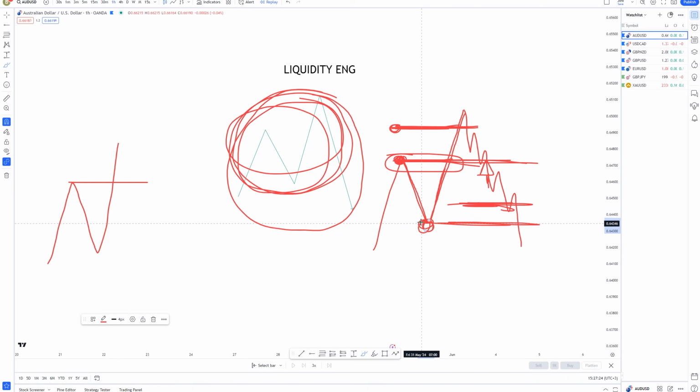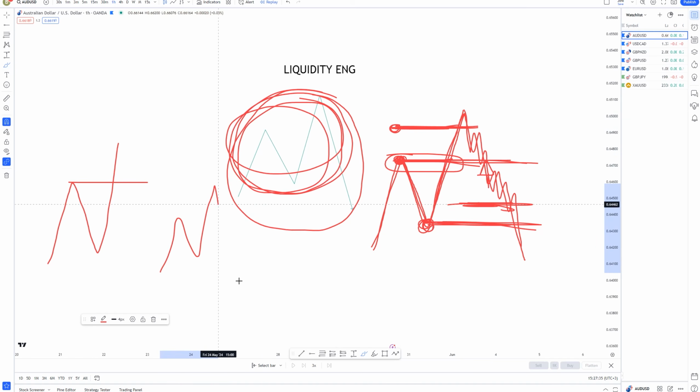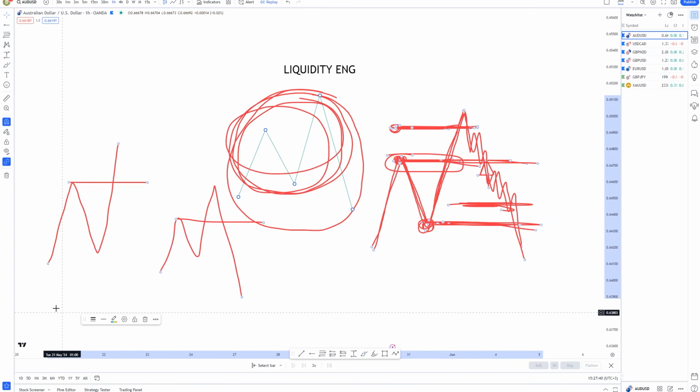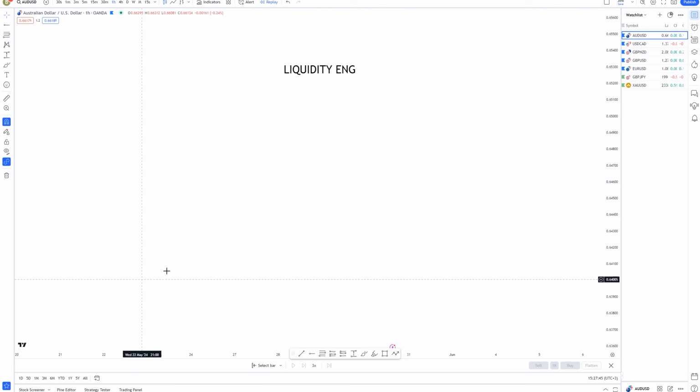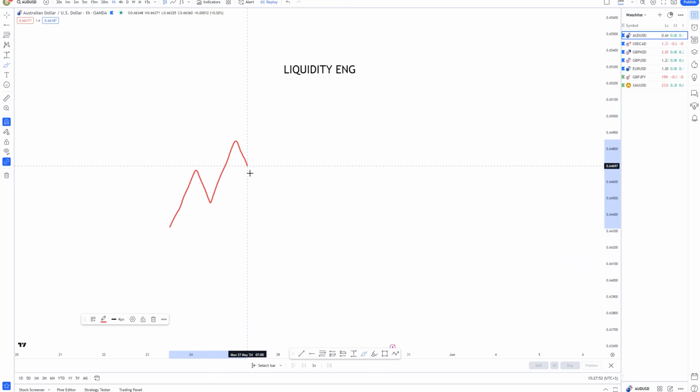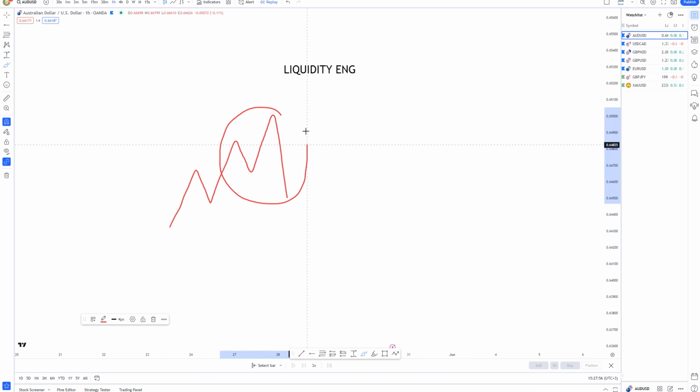After the market breaks this invalidation, we have this structure which we call liquidity engineering. As I said before, I won't explain deeply about this structure, but that is how liquidity engineering looks, from uptrend to downtrend.